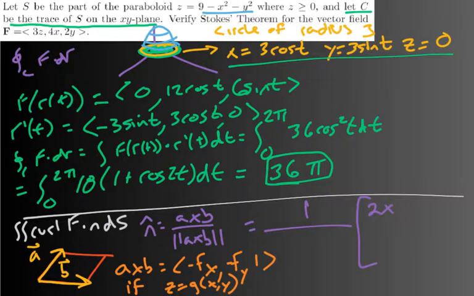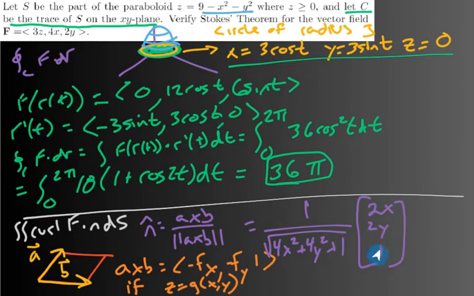And then minus this thing with respect to y, which is again a double negative, 2y, and then a 1. Then I put these in and take the square root of those things squared. So I get the square root of 4x squared plus 4y squared plus 1. Okay? All of that just to get the normal vector to that surface.